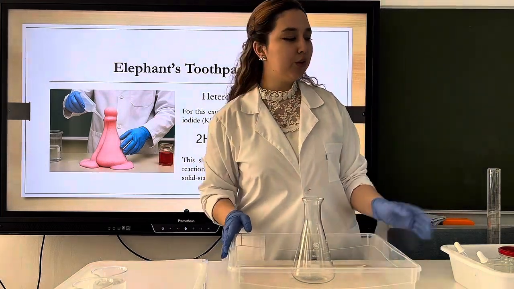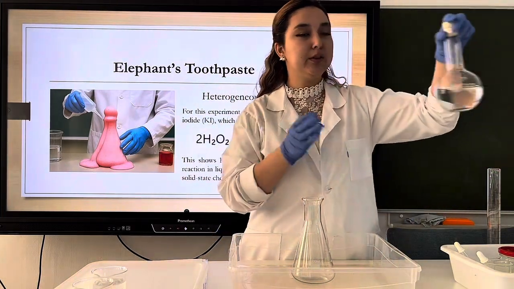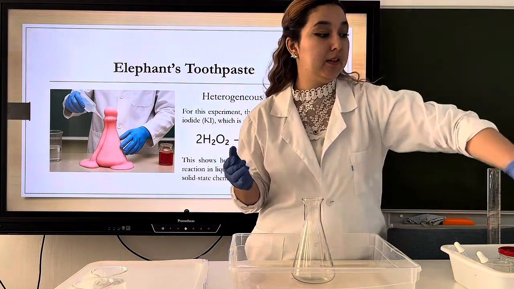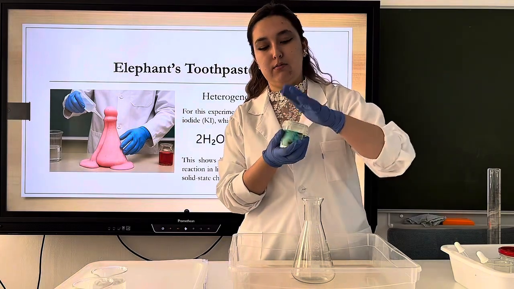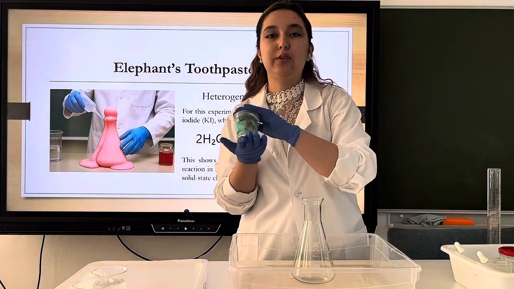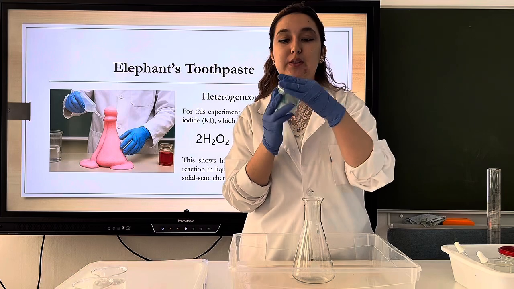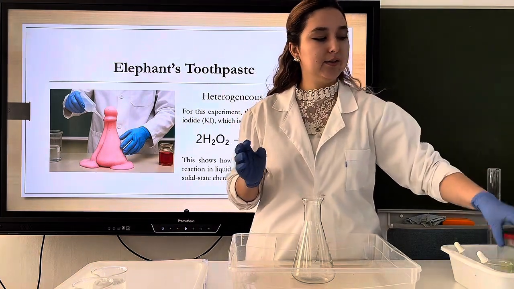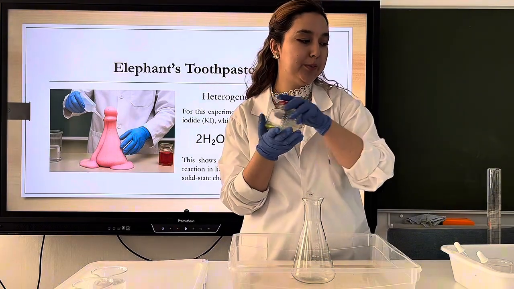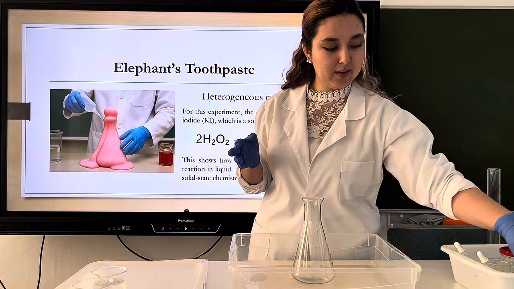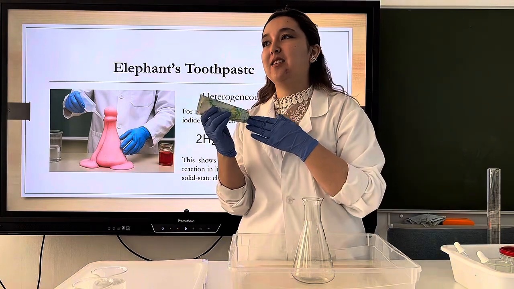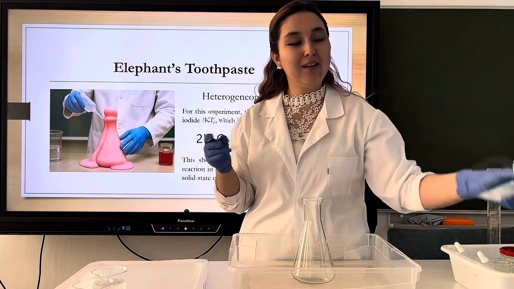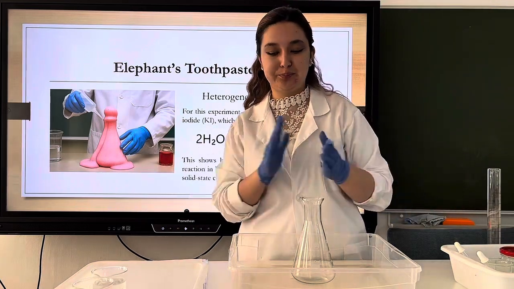For this experiment I will use hydrogen peroxide, which is a liquid, and as a catalyst I will use potassium iodide, which is a salt, and I will also use soap, and I will add food coloring to make this experiment more visible.